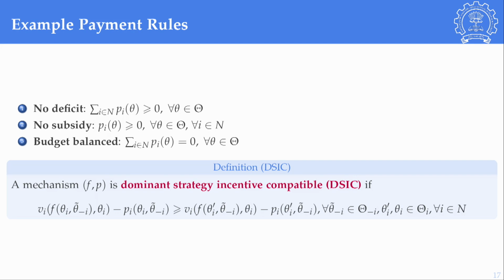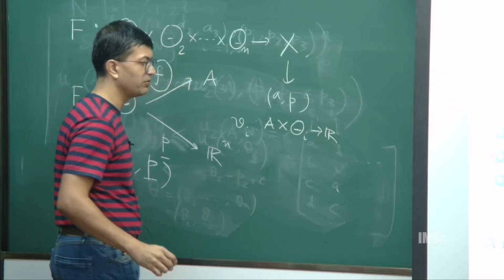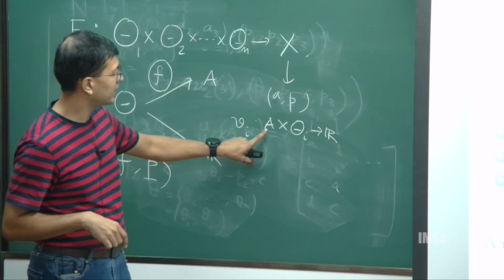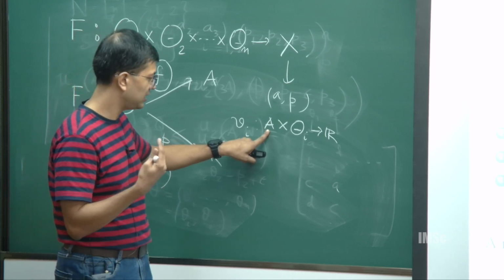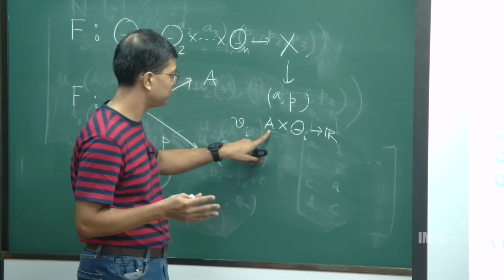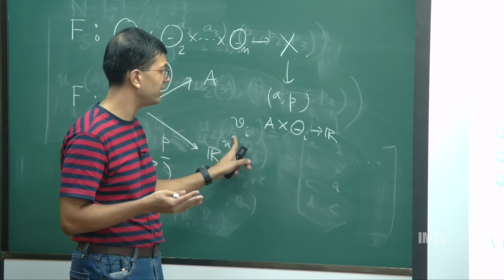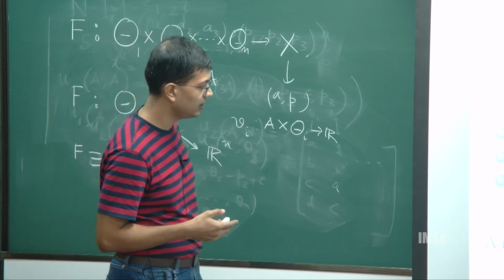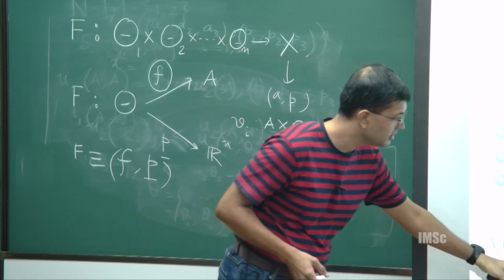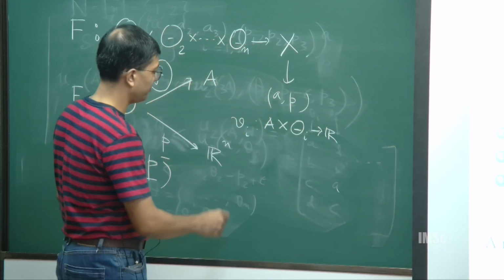So Vi is a function from the cross of capital Theta to the set of real numbers. So my valuation depends on what allocation I get. Maybe I give the painting to somebody; if it is me, then I get a certain valuation, and if it is not me, then I possibly get 0. That is affecting the first part, and then there is the payment being charged to me.